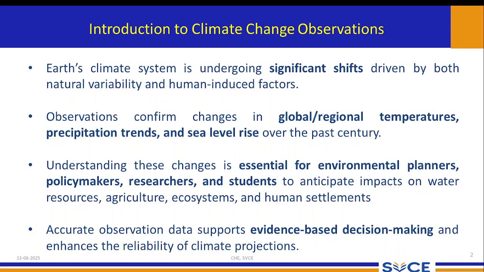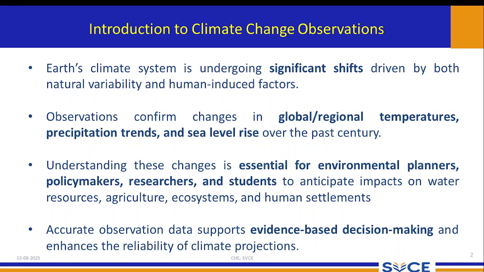Understanding these changes is essential for environmental planners, policymakers, researchers, and students to anticipate impacts on water resources, agriculture, ecosystems, and human settlements. So when we observe these types of changes, we are able to predict and plan accordingly, to anticipate the impact.